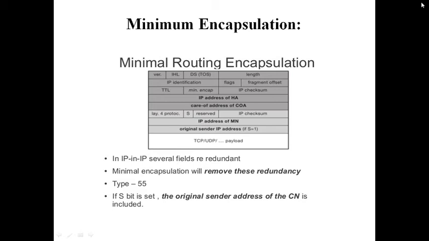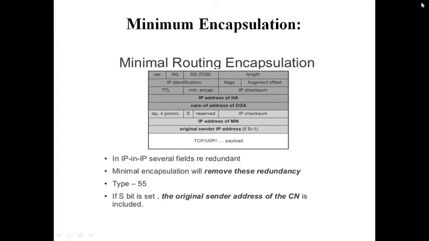Here there is a reserved field, and no field for fragmentation offset is left in the inner header, and minimal encapsulation does not work with already fragmented packets, so that is why it is not mentioned here. It is a reserved one. And finally the original IP addresses of source and destination are mentioned here.